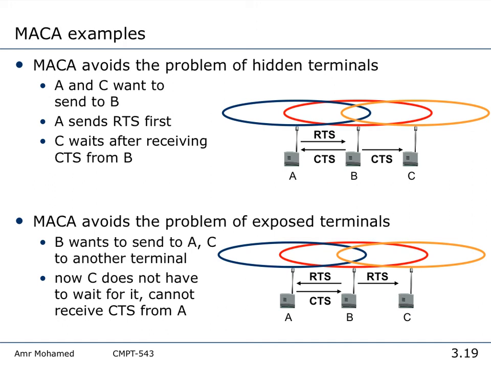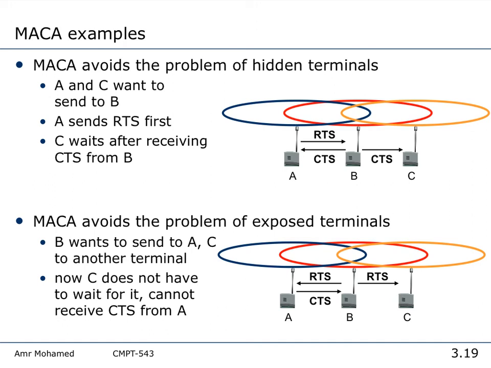NAV RTS is actually conditional. So NAV RTS does not always mean that I will stay idle. And that's why there is a difference between NAV RTS, NAV CTS, NAV data. Yes, each one of them has a different procedure.